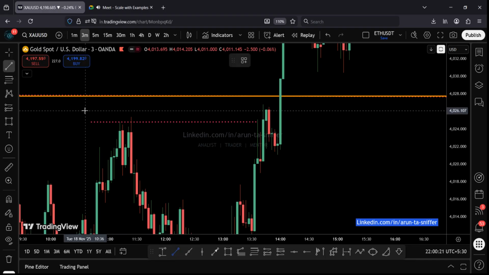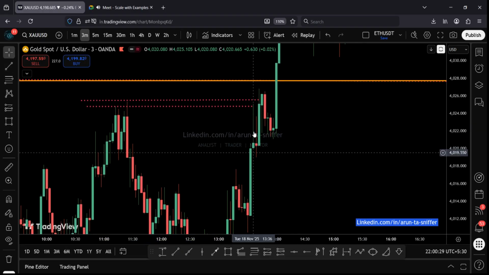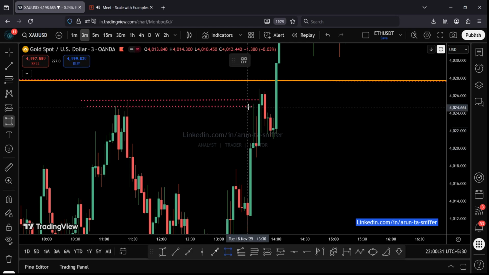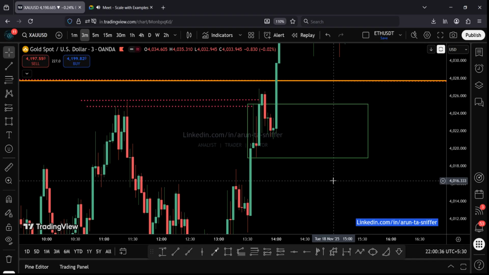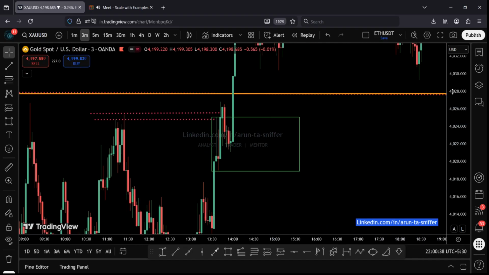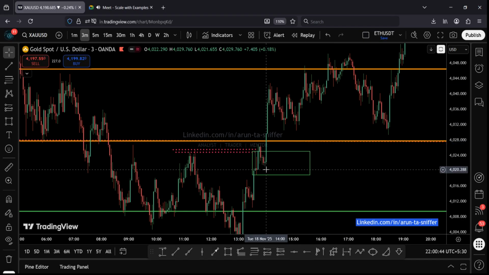And this one is our high. If you remember how we trade the ignored QM, this one, so this is our ignored QM zone, right? What will we do? When price goes up here and comes down, we can enter here.